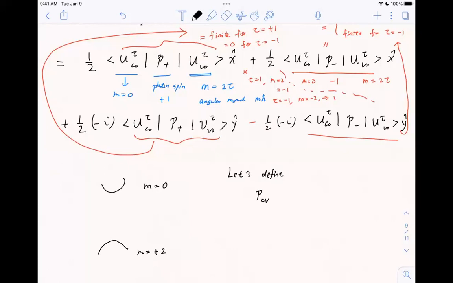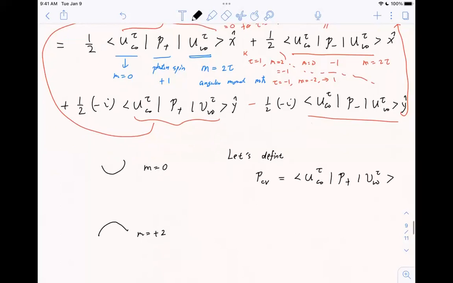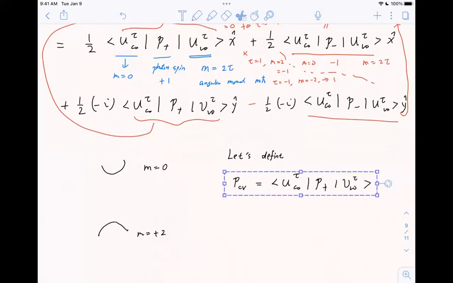It already means chiral. Let's define this, P plus. It will be plus 1.